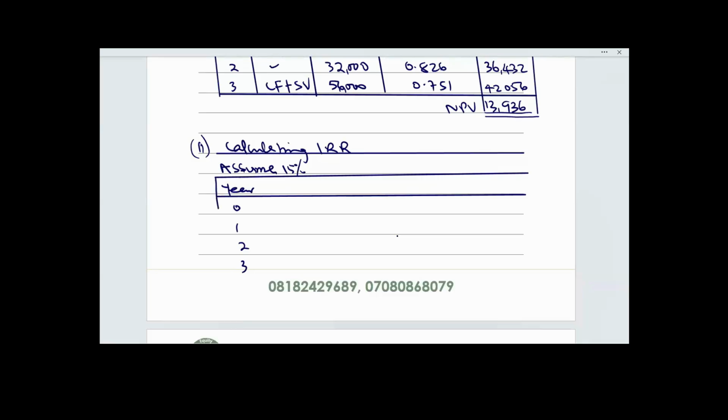This should be the approach you adopt on the day of your exam, because it will make life easy for you and it will be faster. So we have description of items, cash flow, discount factor, then present value.